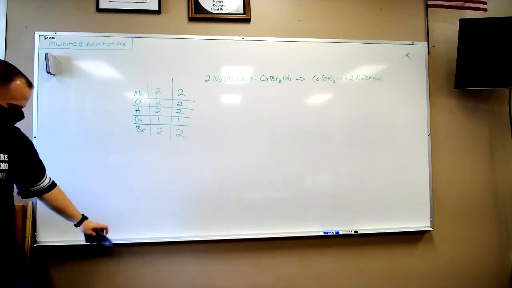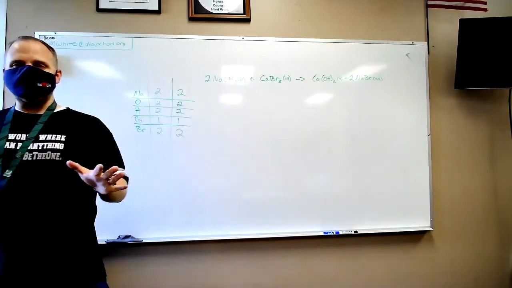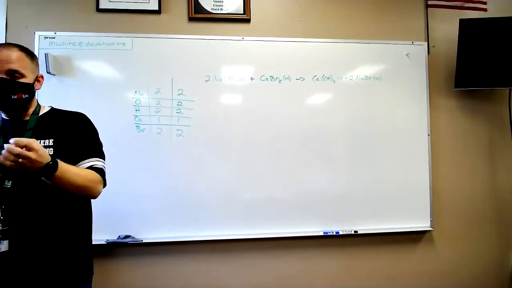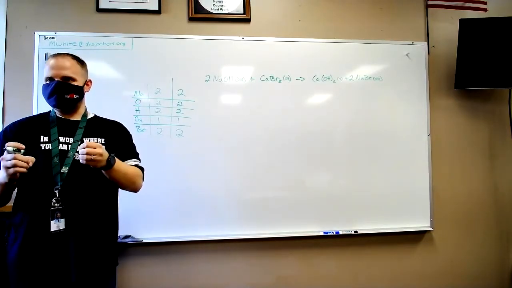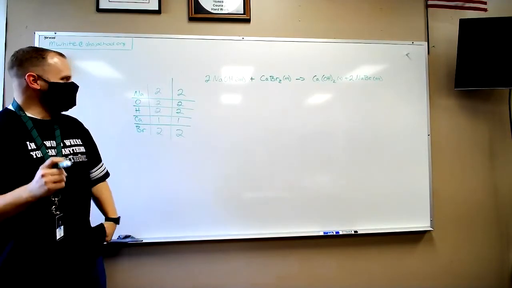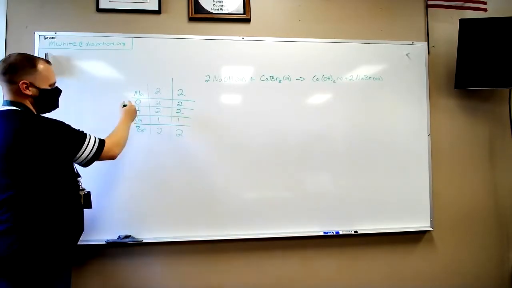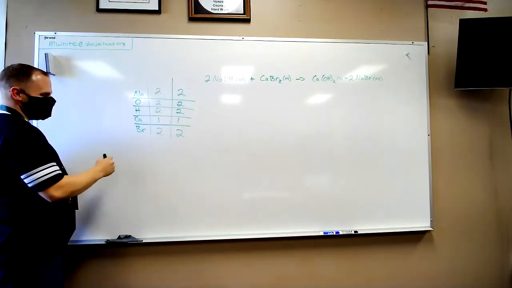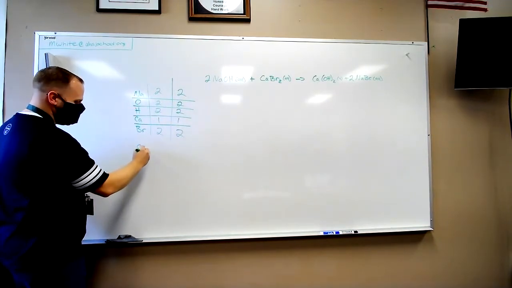Now I will just mention, this is not something that you need to do. If we're dealing with hydroxide or really any other polyatomic ion, remember these polyatomic ions stay together in the reactions. Okay? So really, we could have treated this as one thing. We could have said, instead of having oxygen and hydrogen, we could have put OH.